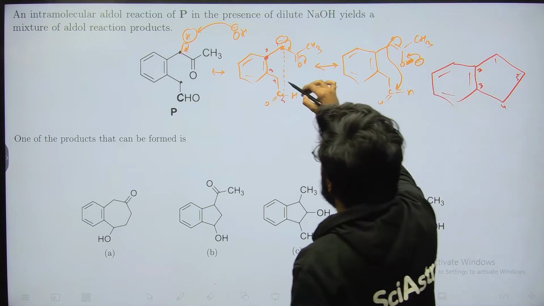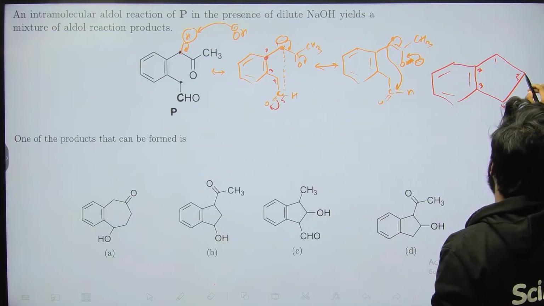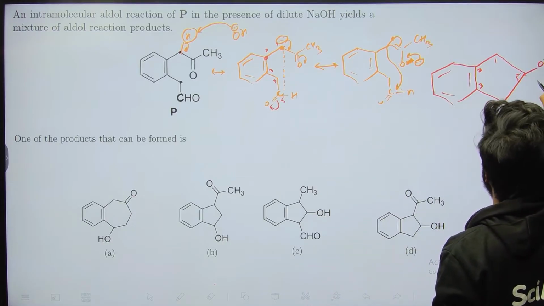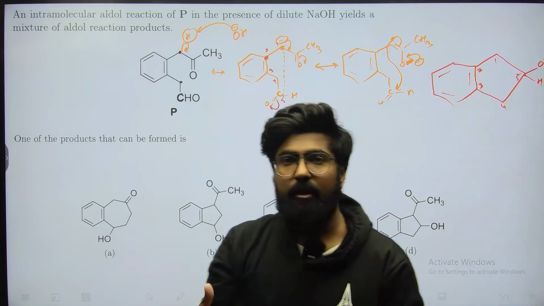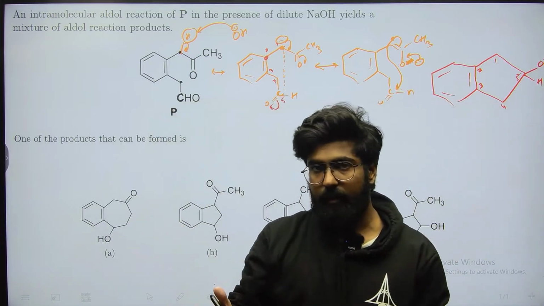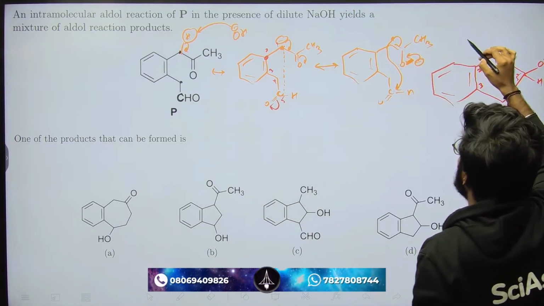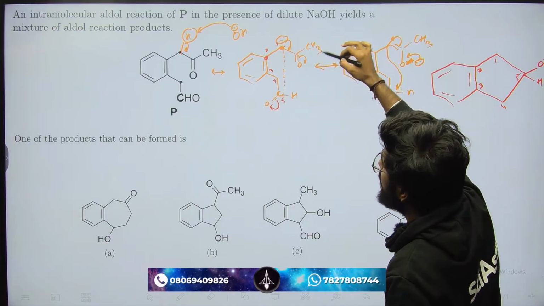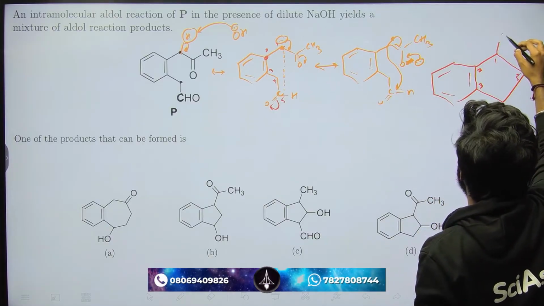Now see, on the very fifth carbon you will have an O minus that will eventually turn into an OH group that we know, right? Because the basic product that we get in aldol before the elimination part is basically an alcohol. So here we will get an OH and this COCH3 group that was attached on the first carbon will be placed like this.